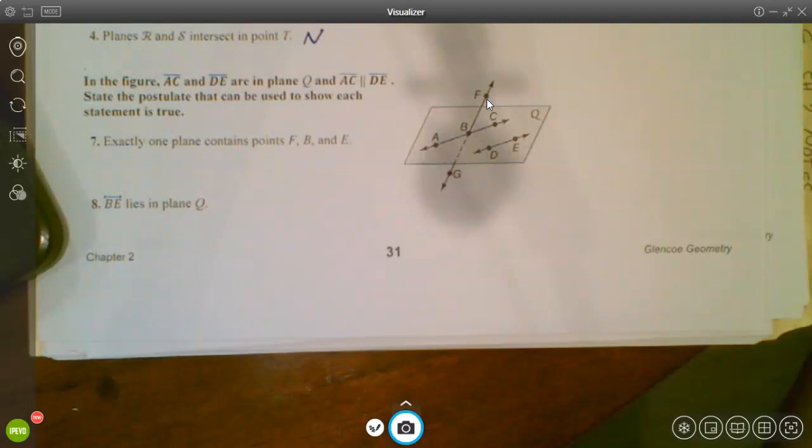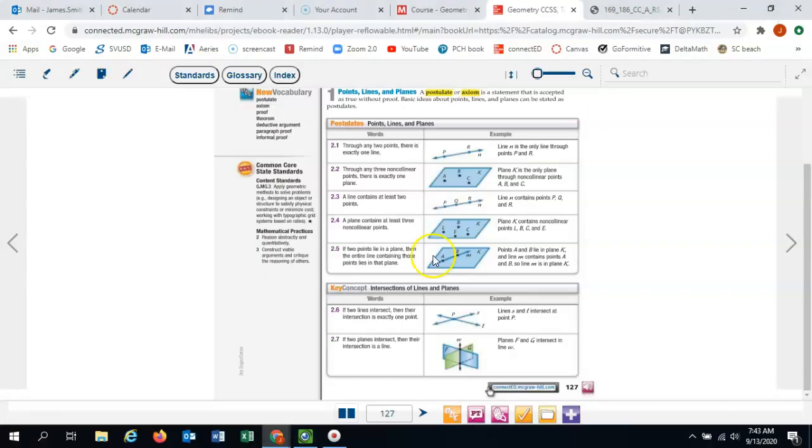As you look back at your list of postulates, here's what we would want to say: through any 3 non-collinear points, there is exactly one plane. So you want to write this statement. Again, do not say postulate 2.2, because nobody will know what that means. I want you to actually write the idea. So you would write this full idea down for your answer: through any 3 non-collinear points, there is exactly one plane. So that's what you would fill out for the notes for question 7.